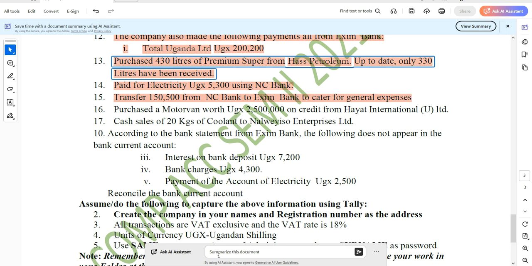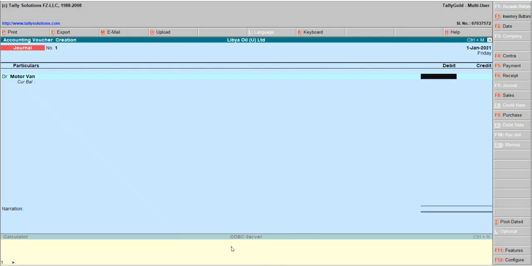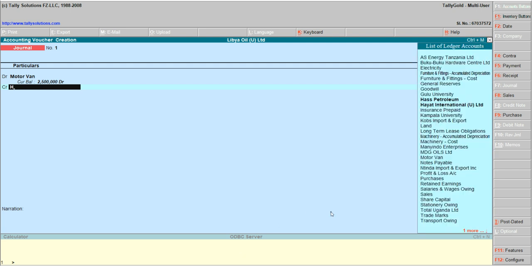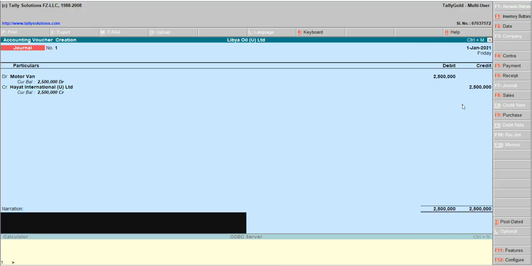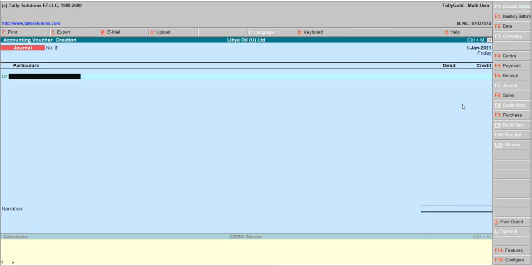Motor van is 2.5. Then you credit the supplier, Hayat International Uganda Limited, 2.5. Accept. Then next transaction is what?